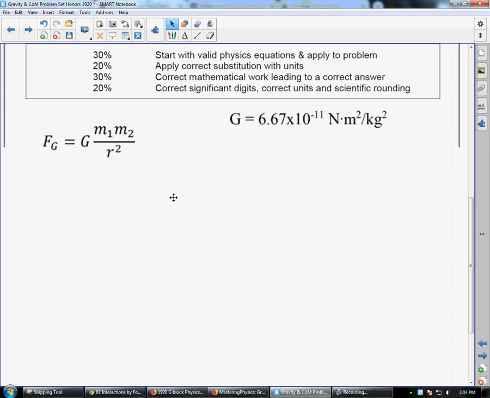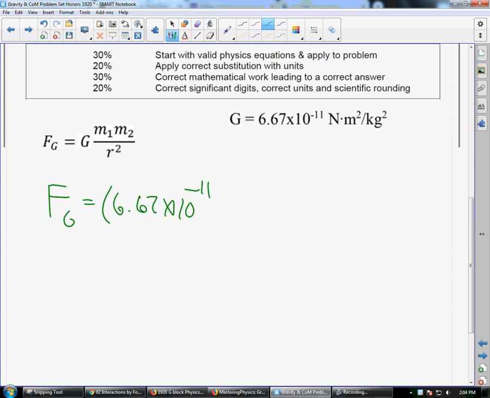Okay, now I think I can put in what I know. F sub G equals big G, in newton meters squared per kilogram squared.